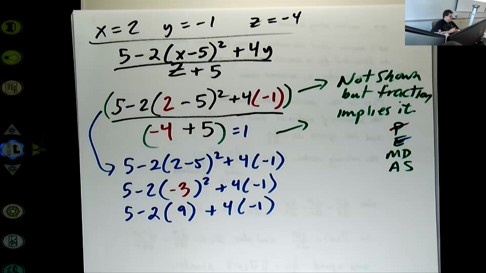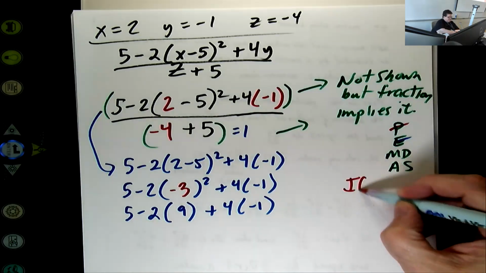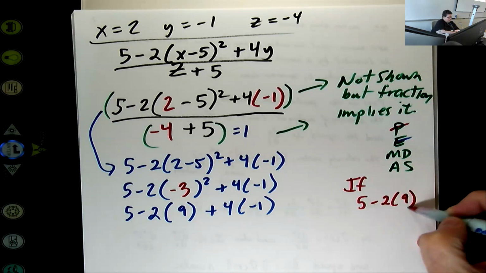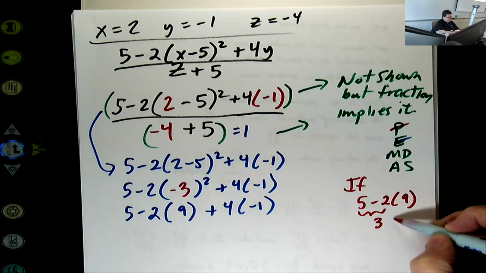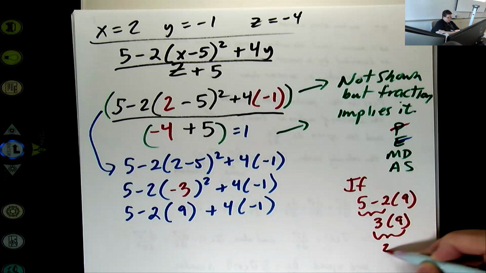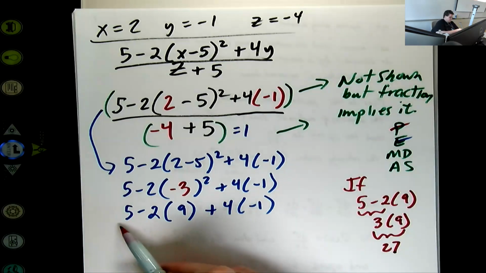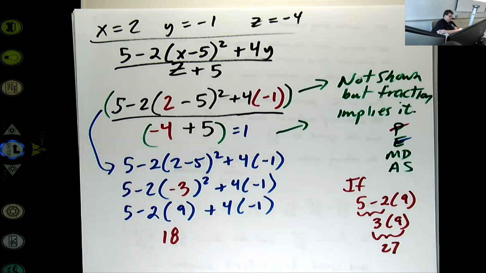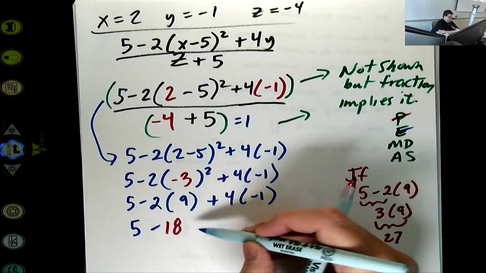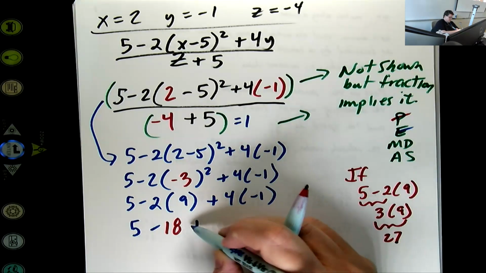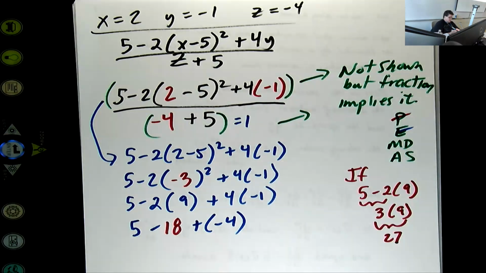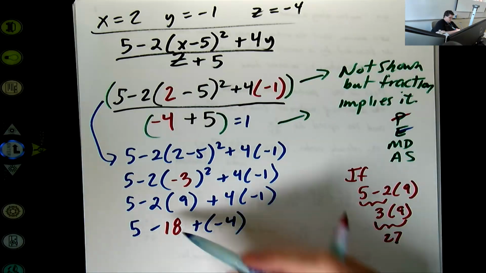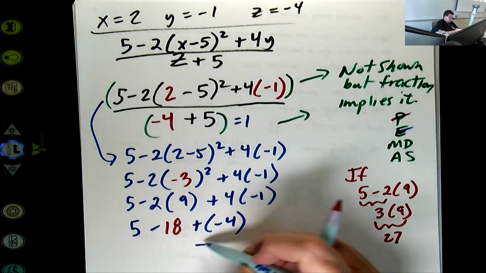Here's an example of why we don't do that 5 minus 2 first. If I did 5 minus 2 times 9 first, I'd have 3 times 9, and I would get 27. Let's see what we really get. 2 times 9 is 18. So I have 5 minus 18, and then 4 times -1 is -4. Having a plus and a minus like this is the same thing as saying -4.